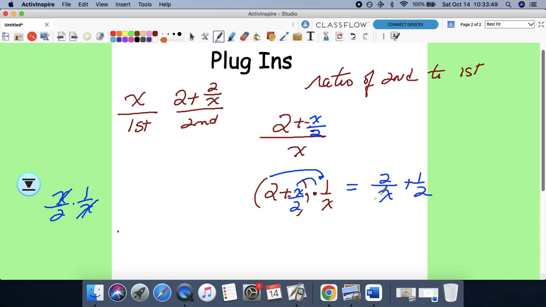Now, that can still be taken a step further, which is what they did. They found the common denominator between x and 2, which is 2x, and wrote all of that under one denominator. What does x have to multiply by to get 2x? You multiply by 2.